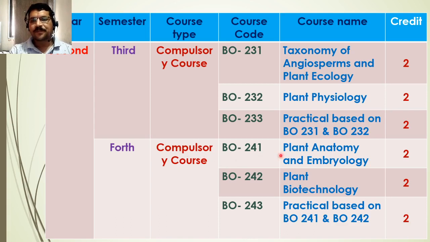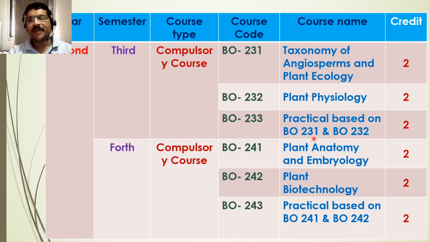So see here, you have to appear for the practical semester-wise. These are 2 theory papers of the third semester, and these are 2 theory papers of the fourth semester, and this is the practical of the third semester, and this is the practical of the fourth semester.